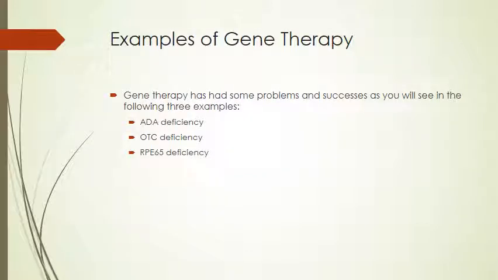If you look at some examples of gene therapy, we see that gene therapy has had some problems and successes, as you will see in the following three examples: ADA deficiency, OTC deficiency, and RPE65 deficiency.